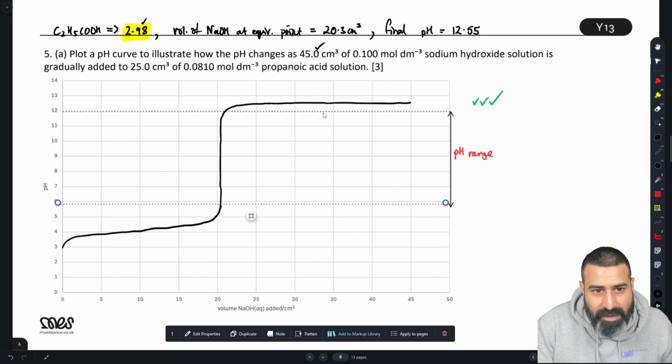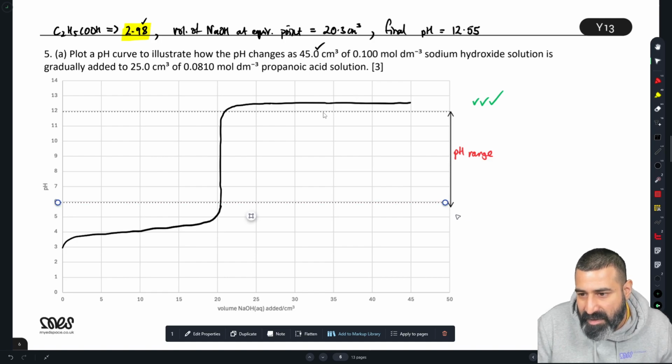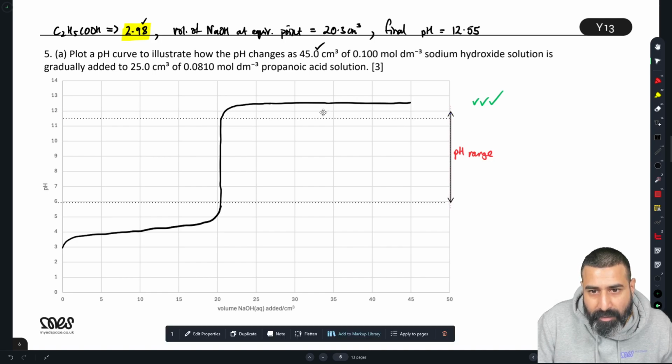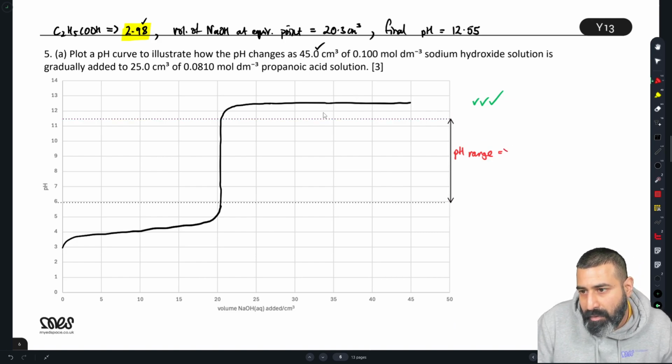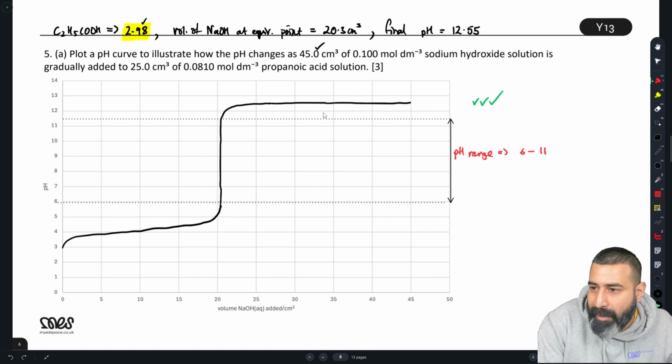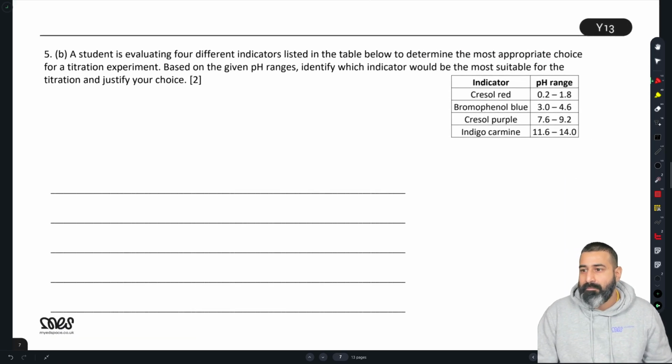Let's say between 6 and 11, something like that. I'm going to bring this one down. Okay. pH range between 6 to 11.5 or something like that. Okay, let's have a look at if we have any indicators that match.